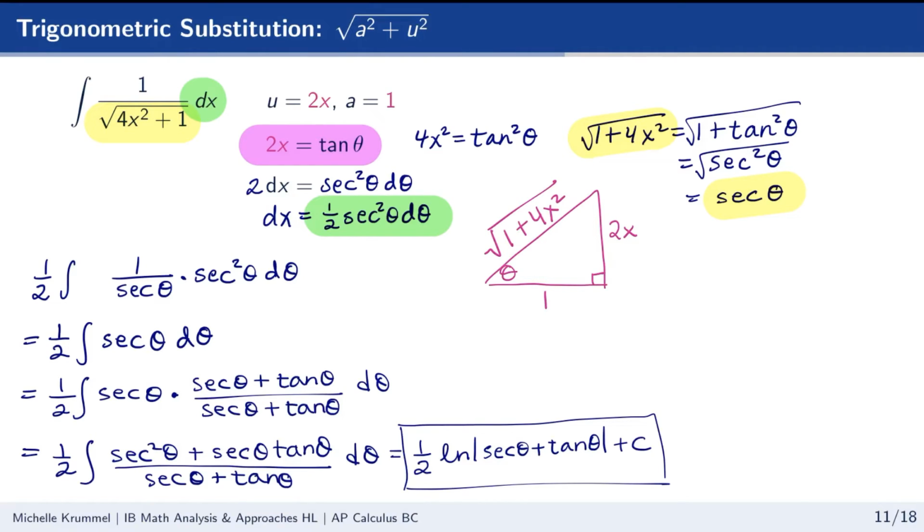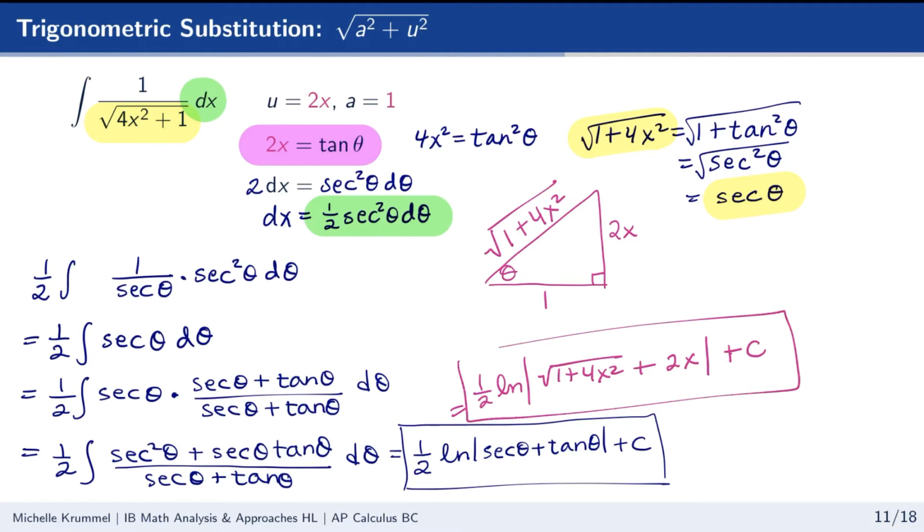Okay, so now I can just read the values of secant theta and tan theta from the triangle. So this is equal to ln absolute value. Secant theta, if cosine is adjacent over hypotenuse, secant is hypotenuse over adjacent, plus, and then tangent is opposite over adjacent, plus c.